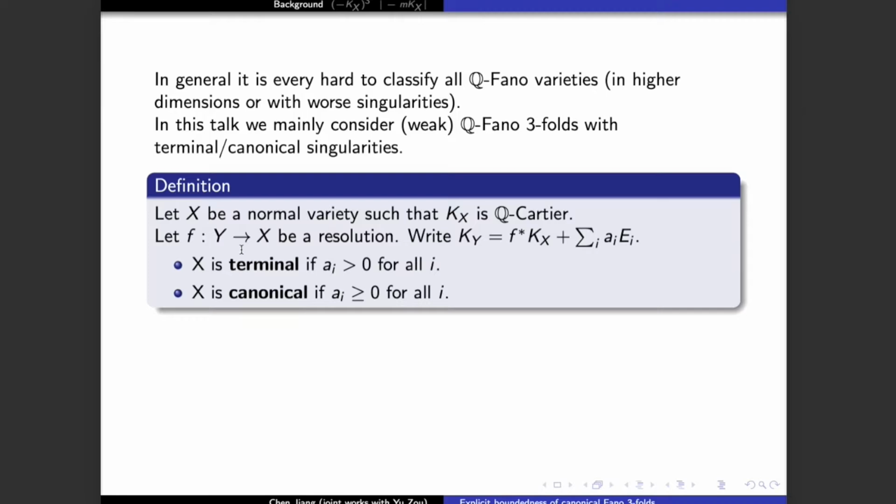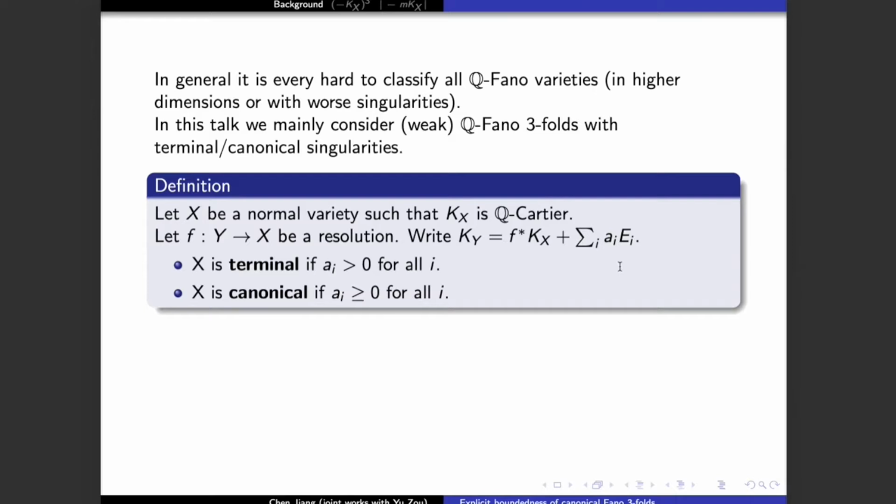So we take a resolution Y to X, and we compare the canonical divisors, and then we can write this canonical bundle formula with some exceptional divisors. Then the coefficients of the divisors tell something about the singularity of X. And we say that X is terminal if all these coefficients are positive. And we say that it is canonical if all the coefficients appearing in the exceptional divisors are non-negative.